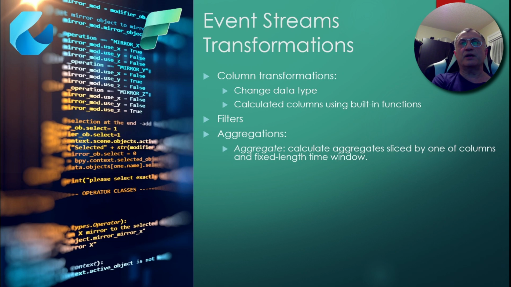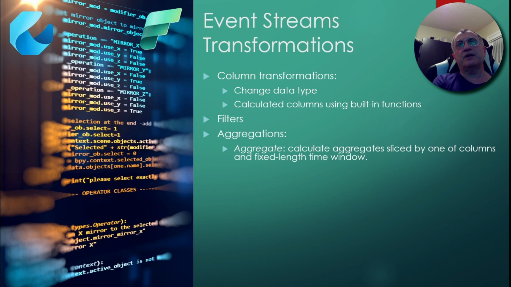And then there are aggregation transformations. There are two aggregation options with event streams. The first one is called Aggregate. It allows you to calculate aggregations based on a certain column. So you can include maximum, minimum, so you can include multiple aggregate functions.